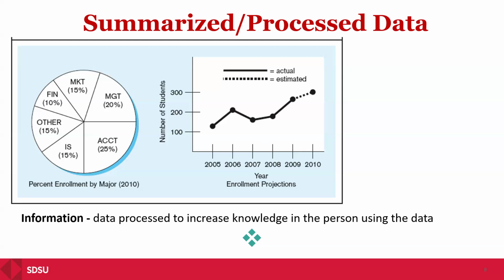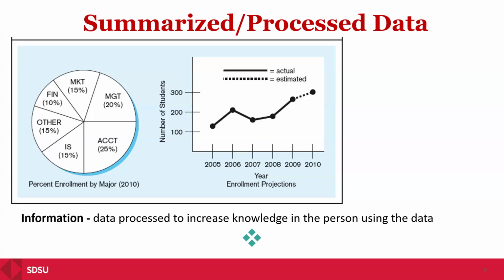For example, do we need to go to schools and bring more students for the next year? Or if we are going to have more applicants, do we need to hire more instructors to support this number of students? Summarized data allows us to make decisions like this.